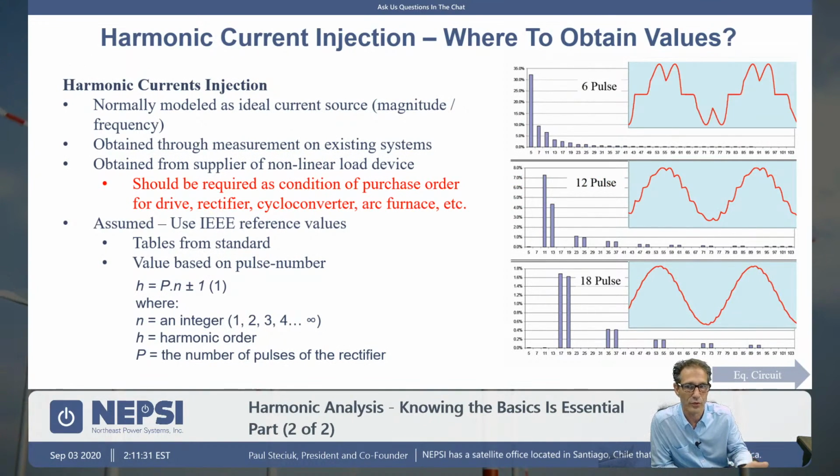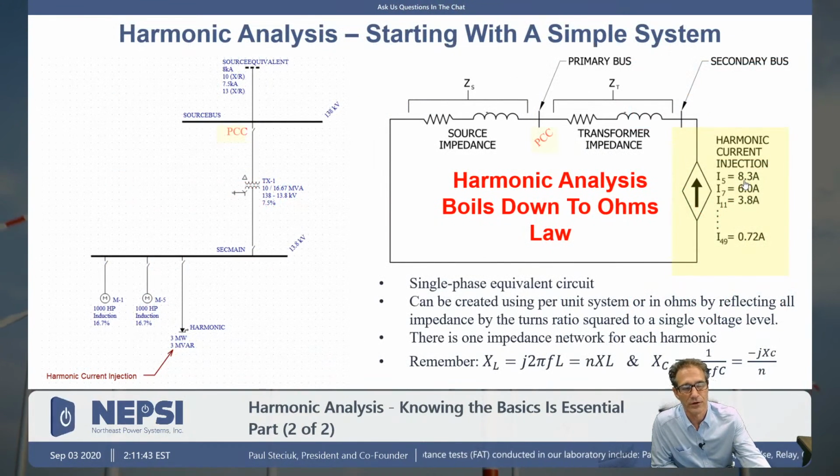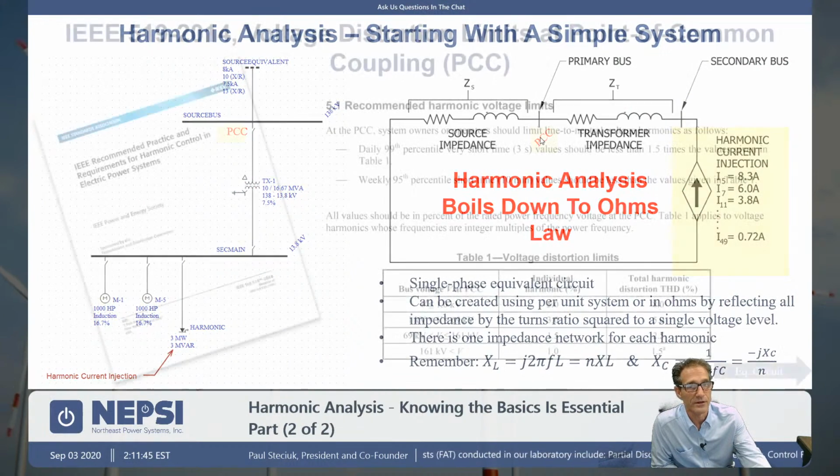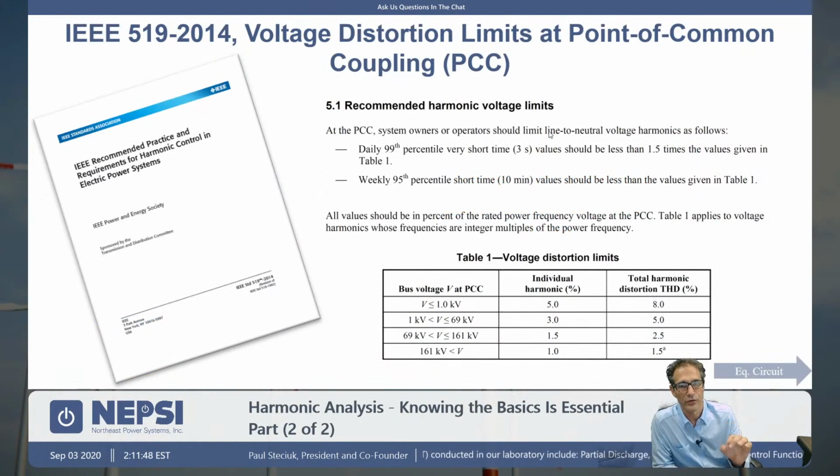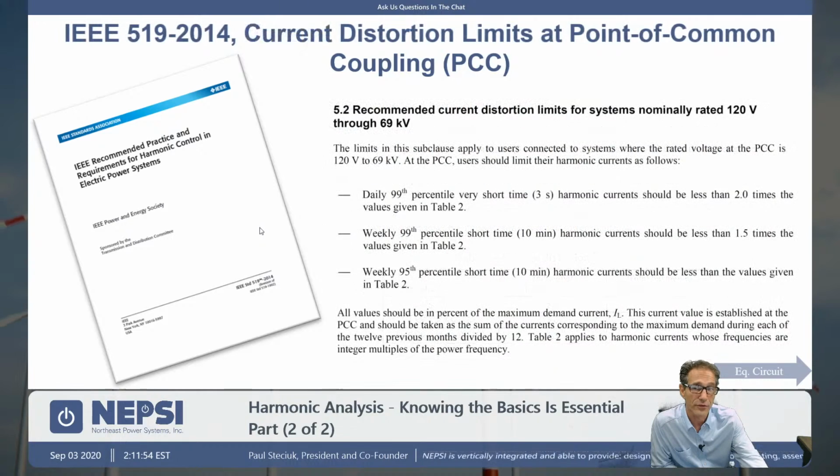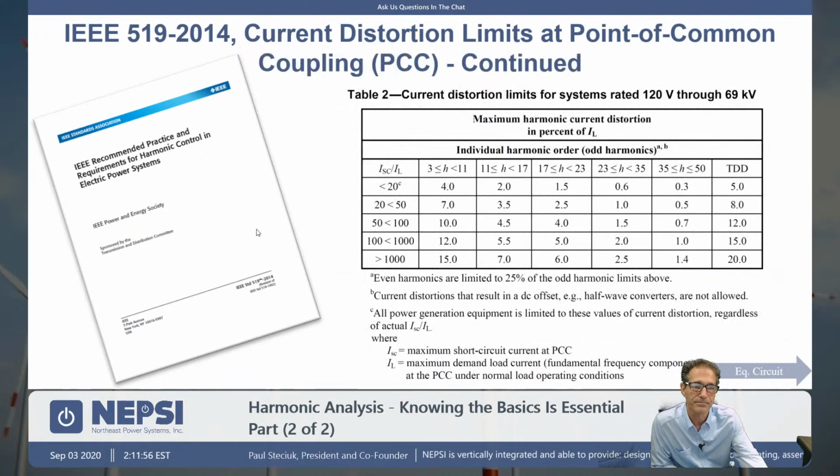If it's a 6-pulse, 12-pulse device, or an active front-end drive, you can go to the manufacturer and get that data, or you can take measurements at the system. But in the end, it's important that you get the harmonic current injection as part of the model. And also don't forget, we're evaluating current distortion and voltage distortion at the point of common coupling. In this case, I'm showing IEEE 519, but there are other standards that apply.